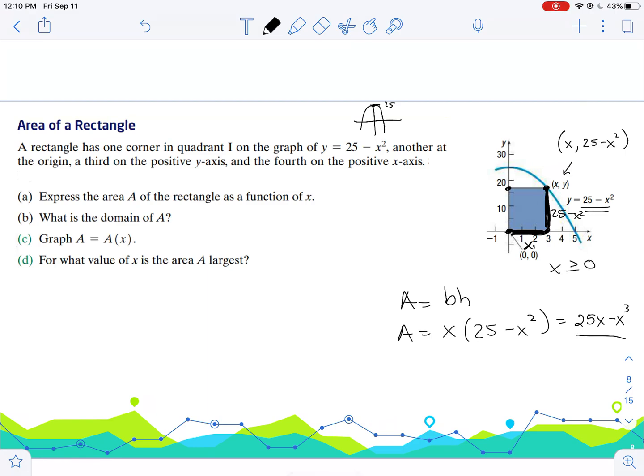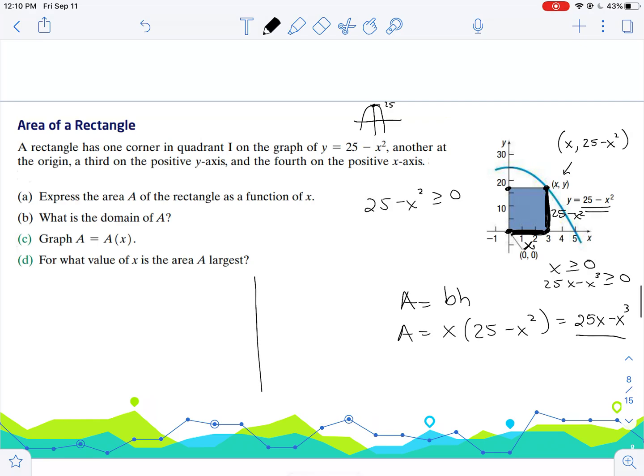So we know that x has to be greater than or equal to 0, and we know 25x minus x to the third has to be greater than or equal to 0. So we want it where the area is positive and the x's are positive. And we know that 25 minus x squared has to be greater than or equal to 0. I'm sure we took some time in class to look at those graphs and talk about what the domain would be, so you guys can look at the notes for that.